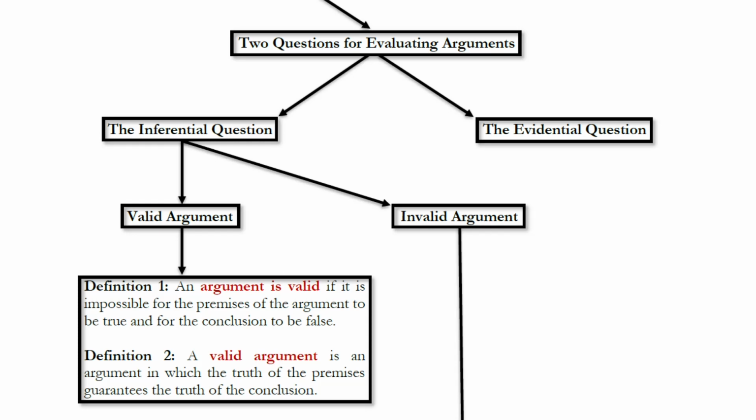In this class, we will be concerned with the latter kind of argument, which is known as a deductive argument. And the reason for this is because these arguments are the type of argument most commonly used in philosophy. So, when determining whether the inference of a deductive argument is good or not, we are asking whether the argument is valid or whether the argument is invalid.